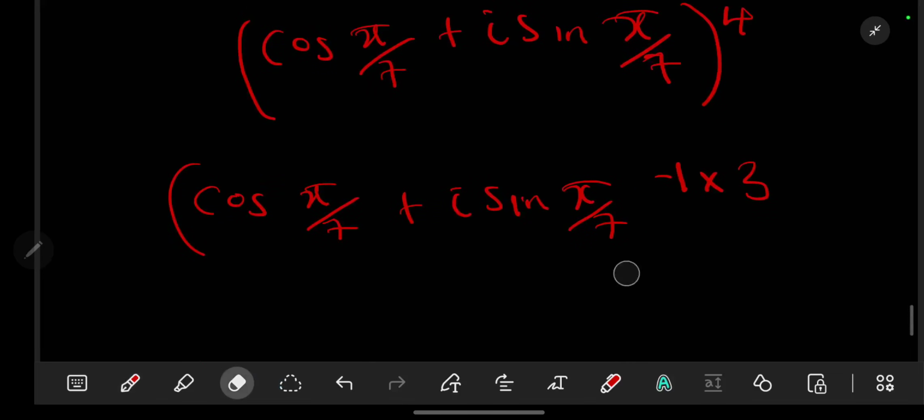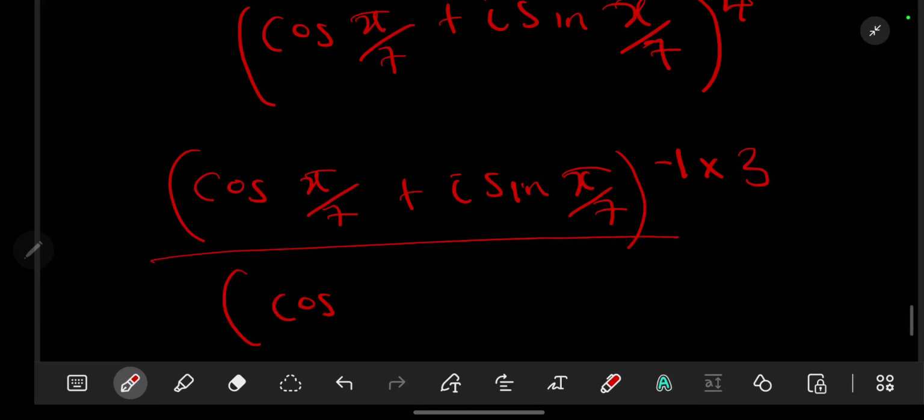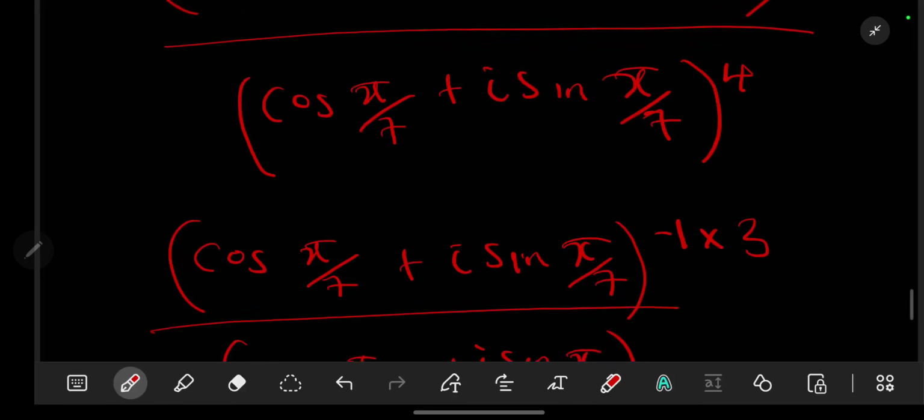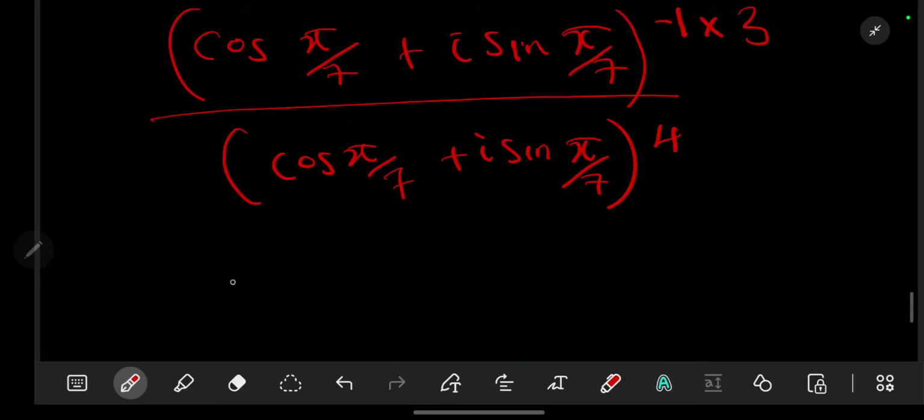Then we divide this value by cos of pi over 7 plus i sine of pi over 7. Then we have our 4. So this gives us cos of pi over 7 plus i sine of pi over 7.